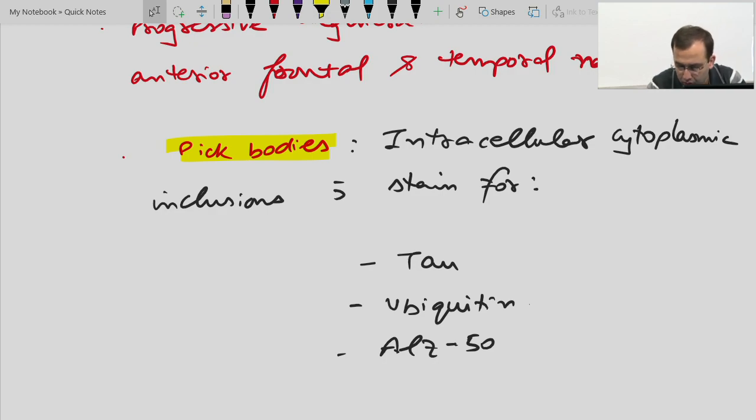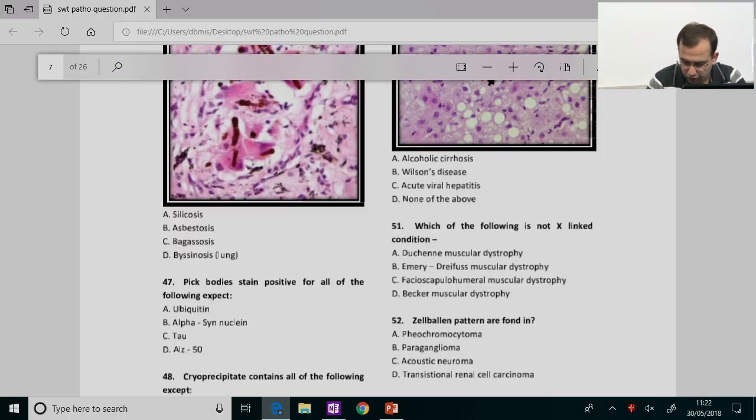This was what was asked in the paper. Pick bodies are positive for tau, ubiquitin, and ALS50, but not for alpha synuclein.